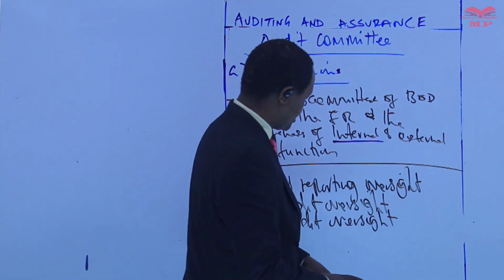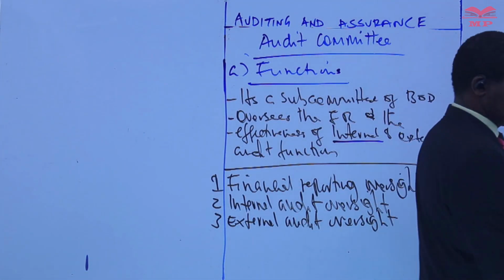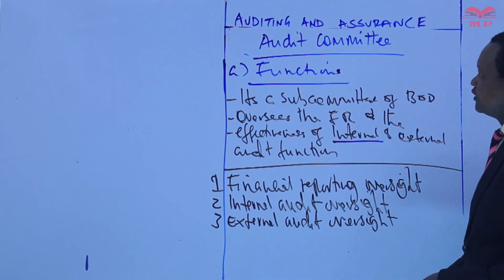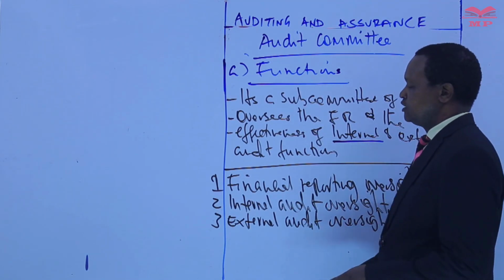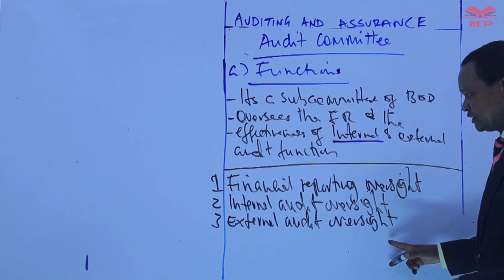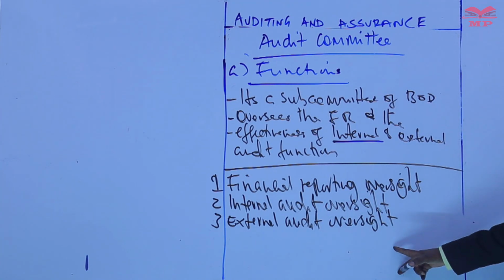External audit oversight, what does that mean? Firstly, it is the function of the audit committee to select and appoint an external auditor. Selecting and appointment of the external auditor is done by the audit committee.